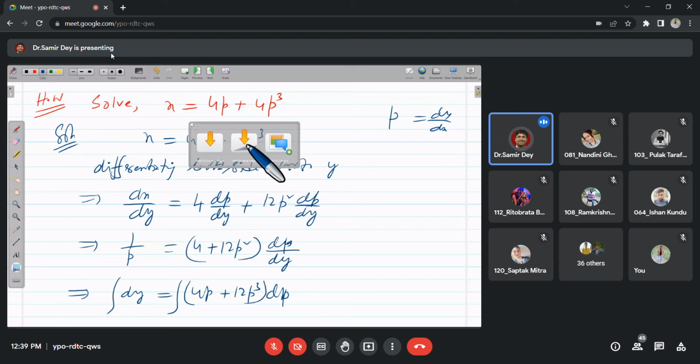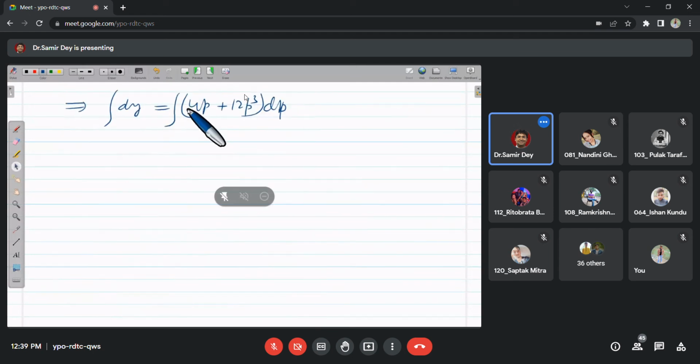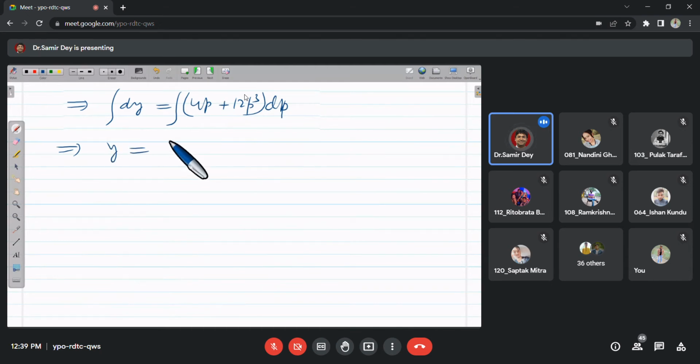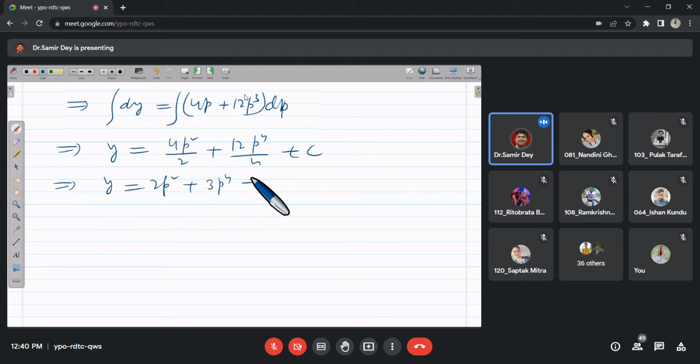Very simple. I have given a very easy question to all of you. So here it is coming y is equals to 4p square by 2 plus 12p to the power 4 by 4 plus c. So it is coming y is equals to 2p square plus 3p to the power 4 plus c.